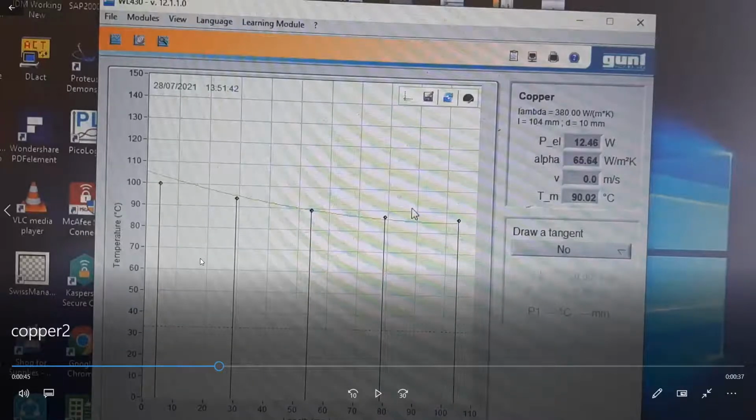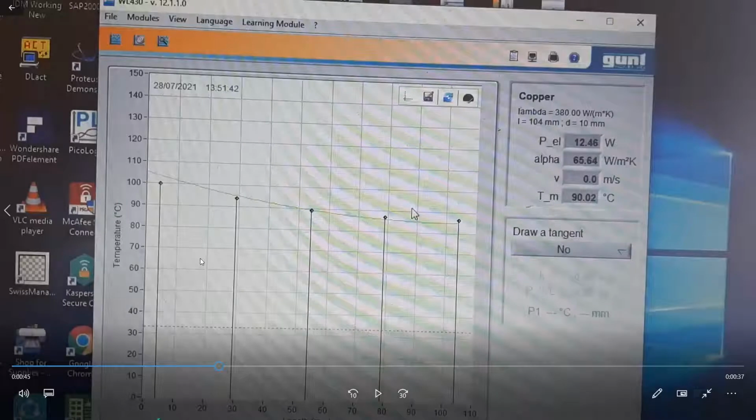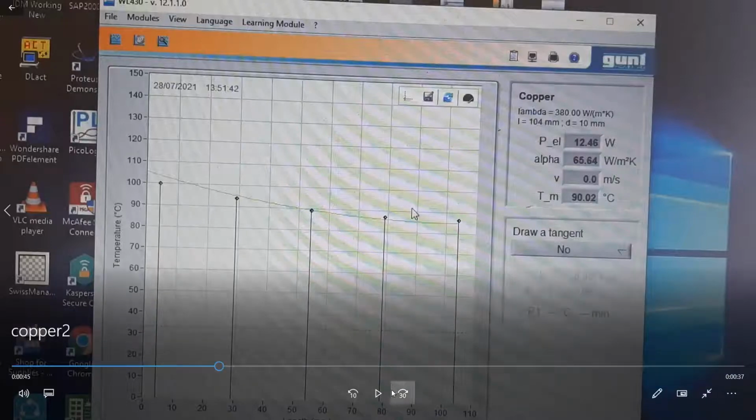If you know the heat flow rate, you can calculate the heat conduction of the copper, or you can calculate the heat resistance of the copper.